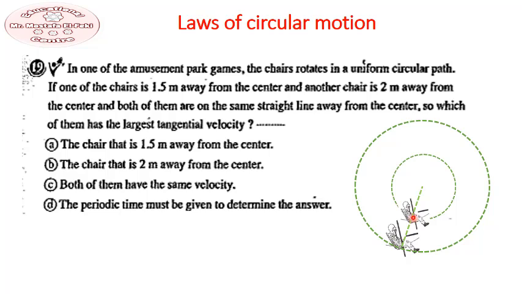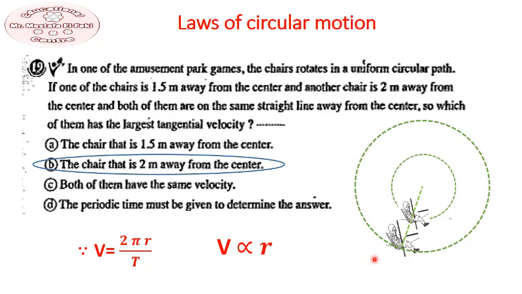The first is at a distance of 1.5 meters and the second is at a distance of 2 meters away from the center. Then since the velocity is directly proportional to the radius, the chair that is 2 meters away from the center will have the largest tangential velocity.